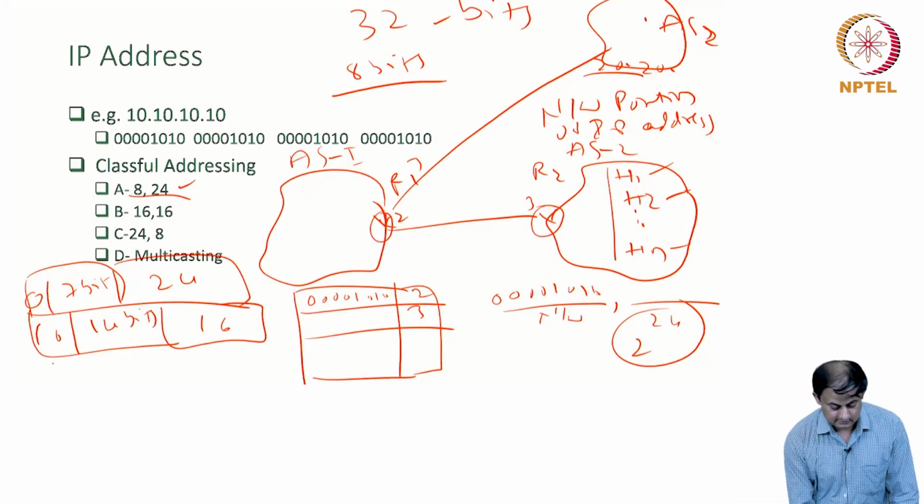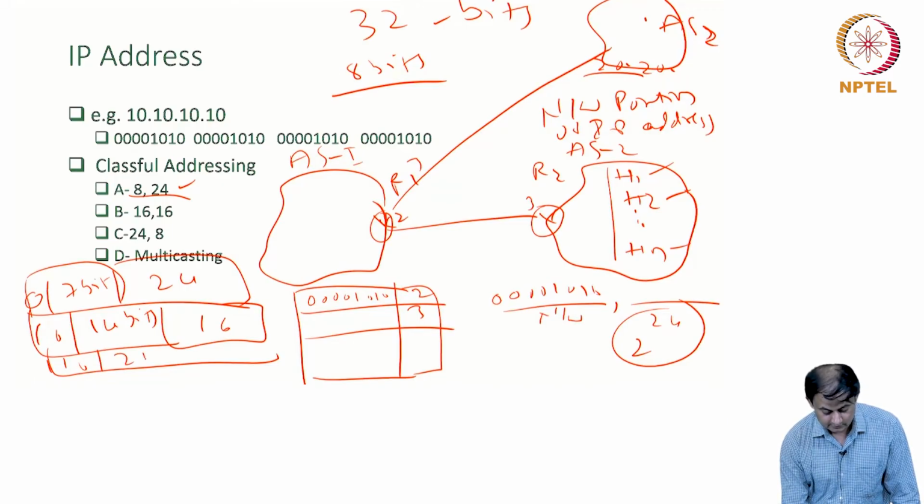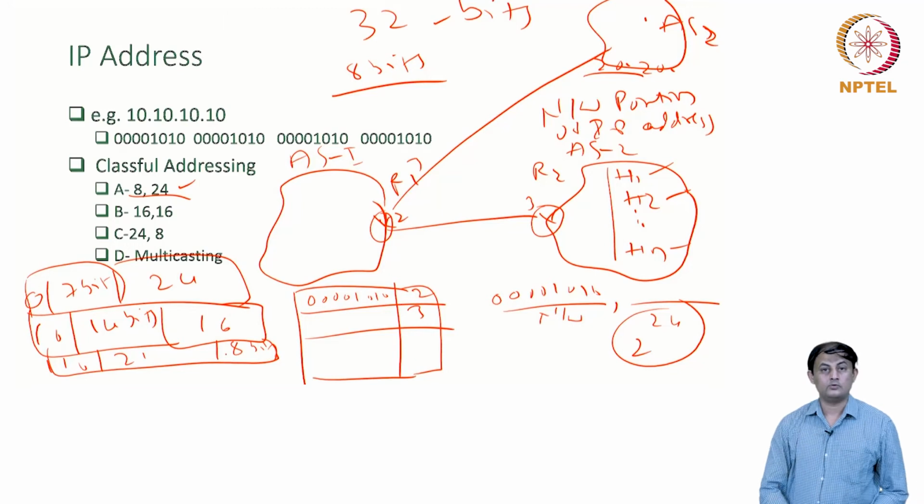Similarly, a class C address is identified by 110, which, including the 110, reserves 24 bits, meaning 21 bits for the network portion and the last 8 bits for the host portion.